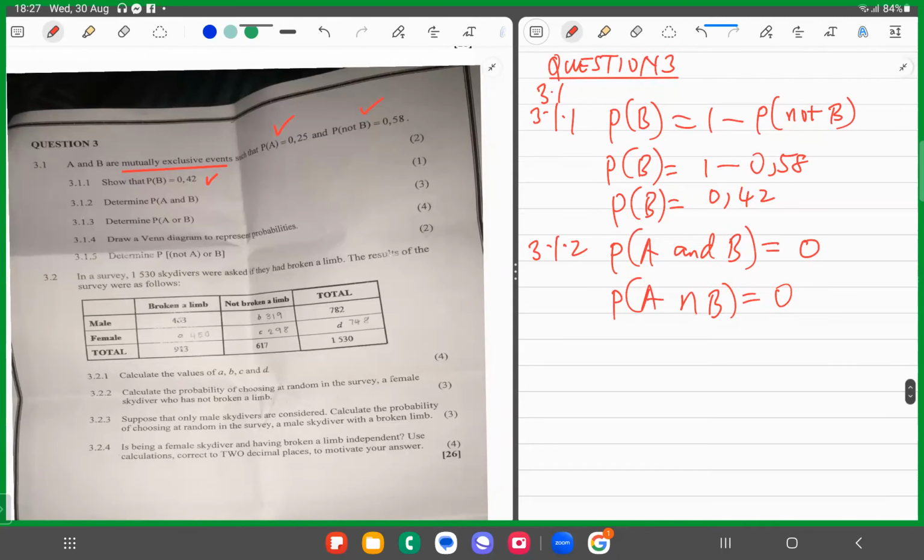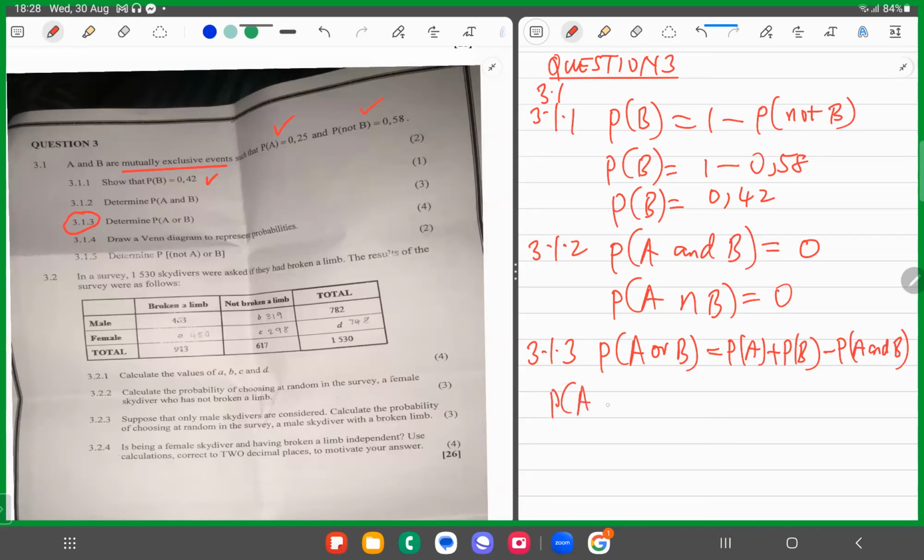All right. Now we look at the next question, 3.1.3. Determine the probability of A or B. So the probability of A or B is the probability of A plus the probability of B minus the probability of A and B. This is the formula.